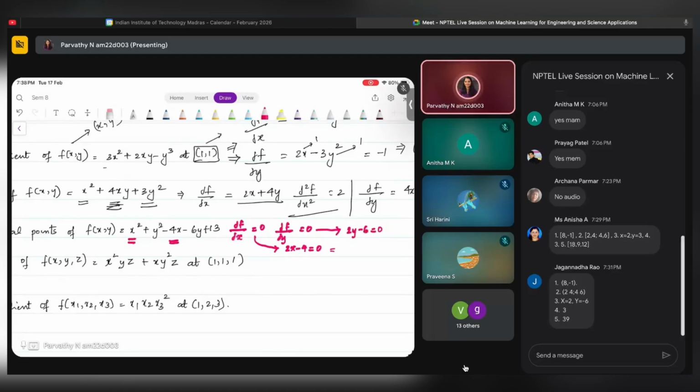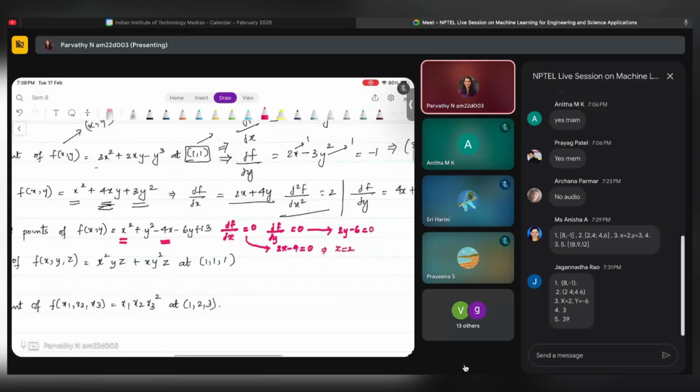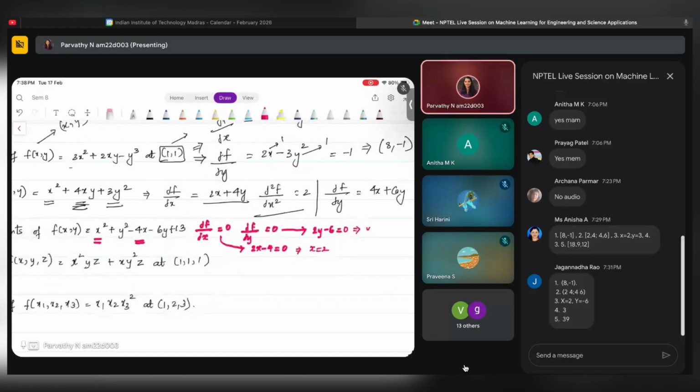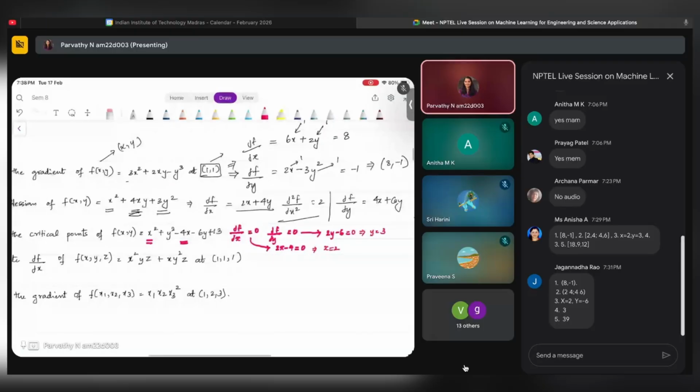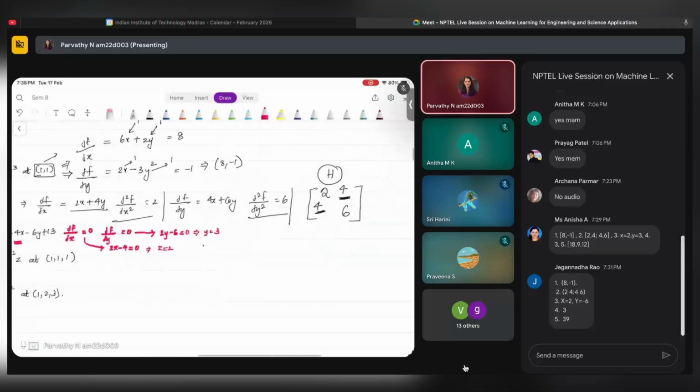So this will give x is equal to 2, and this will give y is equal to 3. So the critical point is 2, 3.